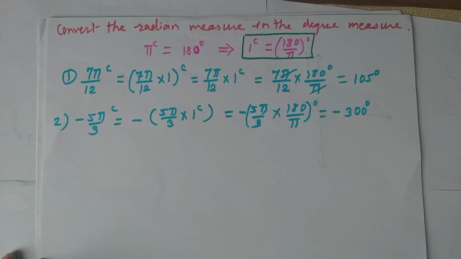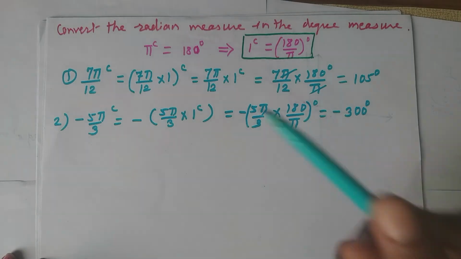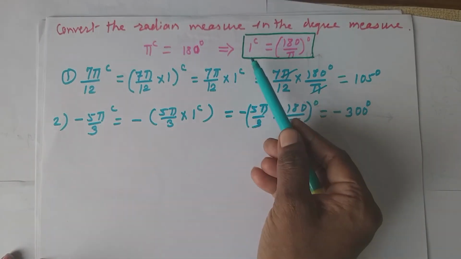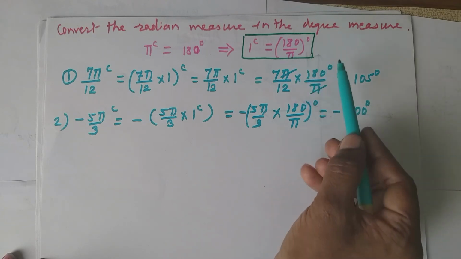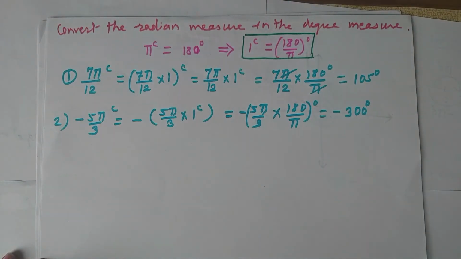In this way, it is very simple to convert a degree angle into radians or a radian angle into degree. If the angle is in degree and you have to convert that into radians, then we have to multiply that angle by pi divided by 180 radians. And if your angle is in radians, then you multiply that angle by 180 by pi, and the angle will get converted into degrees.